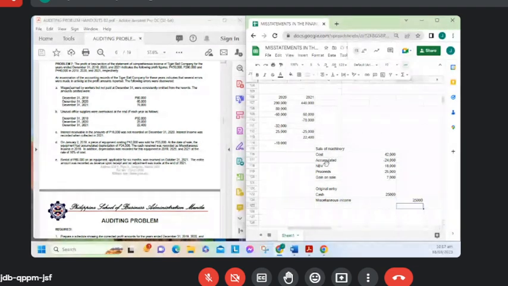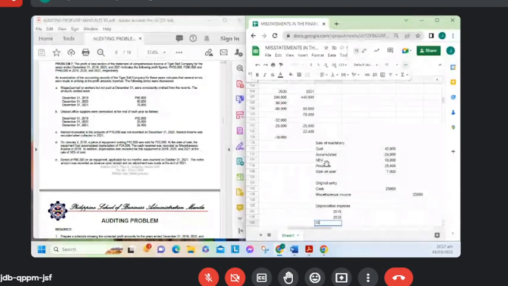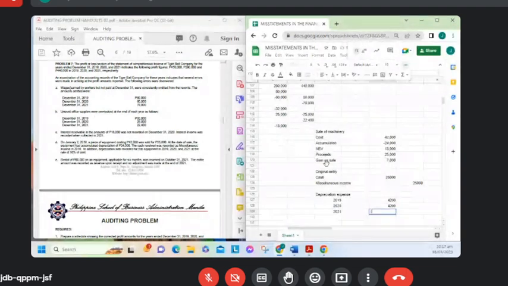And then there is another error, which is the recognition of depreciation expense. So in 2019 to 2021, there's a depreciation expense recorded amounting to 10% of the cost, 4,200.